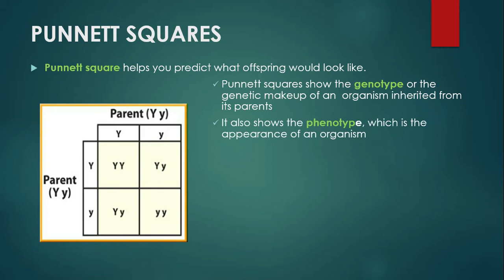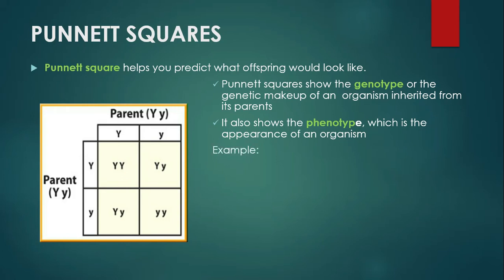So to define, a Punnett square shows the genotype, or the genetic makeup of an organism inherited from its parents, and also it shows the phenotype, which is the appearance of an organism. And how are we going to identify that?